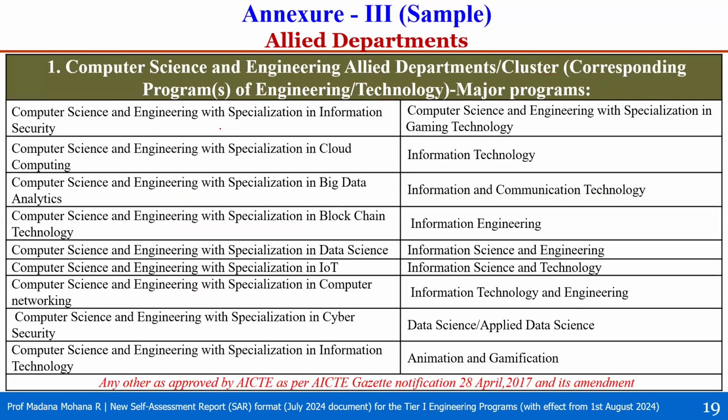Some more are there: computer science with specialization in information security, gaming, IT, ICT, IE, ISE, IST, ITE, data science and other departments, animation and gamification, etc. These are all cluster departments of computer science engineering. Any others as approved by AICTE as per AICTE Gazette notification released on 28th April 2017 and its amendment. These are all the sample computer science engineering allied departments.